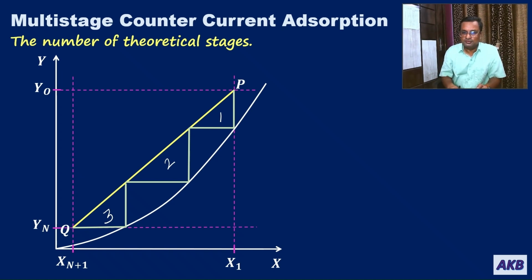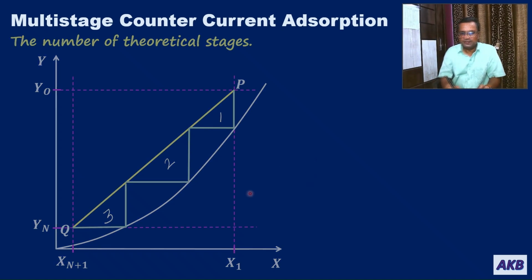But let me tell you, as was the case with multi-stage cross current operation, if you go beyond 2 stages, the operation will not be economical, because beyond 2 stages, the cost of physically separating the 2 phases increases. So even in the case of multi-stage counter current adsorption, if you go beyond 2 stages, the operation will not be economical. So you have to keep this in mind.